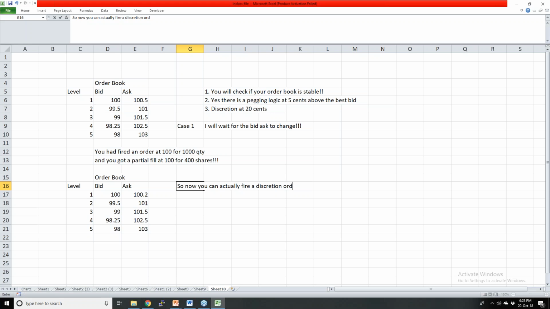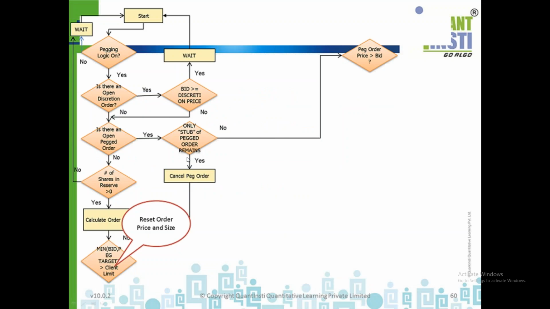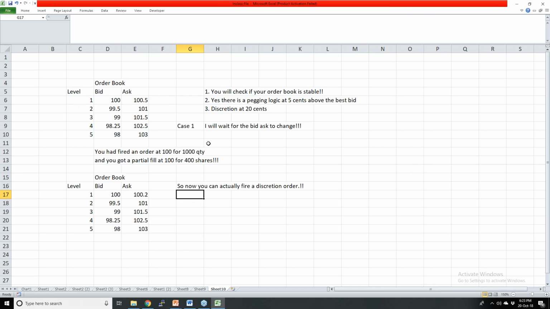A discretion order, right? But my logic asks me to figure out whether I've got partial fills, right? If I'm getting partial fills, it's quite possible that I don't want to set my discretion order, right? It's quite possible that I might not want to fire a discretion order, right? When we are firing this 1000 order, we are pegging it, right?